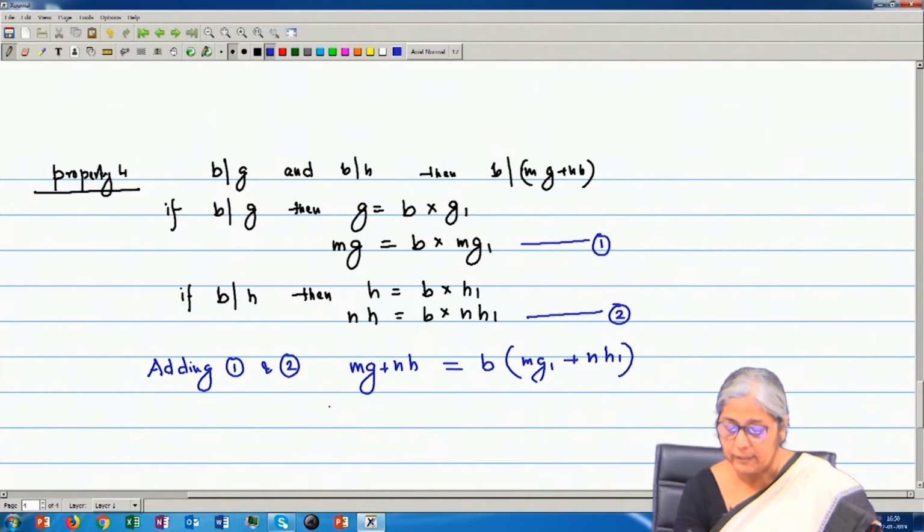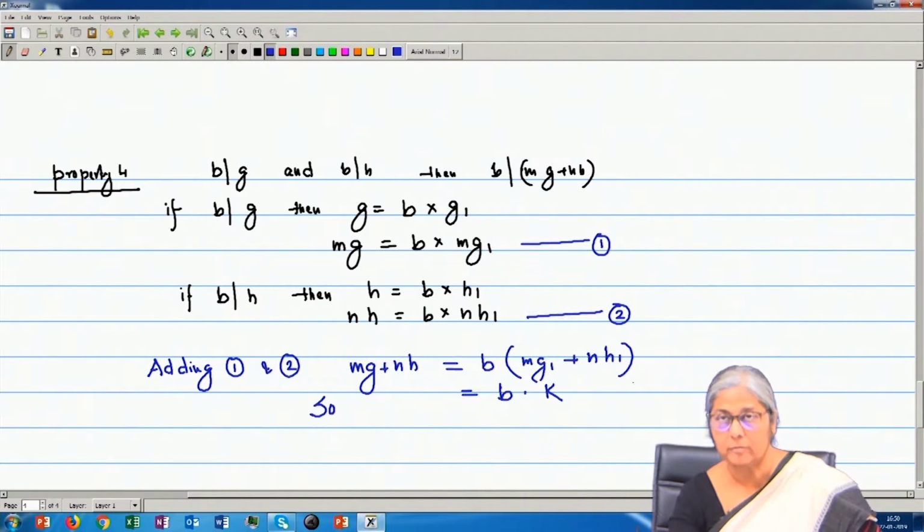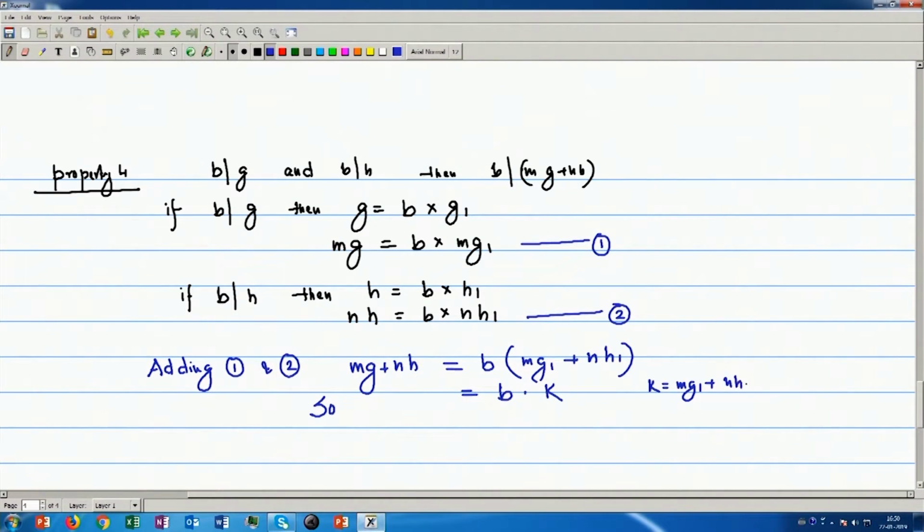We can write this as b into some k, one integer, where k equals mg1 plus nh1. So, b divides mg plus nh.